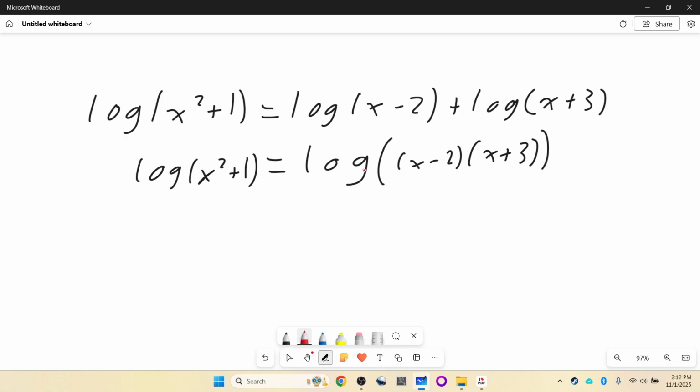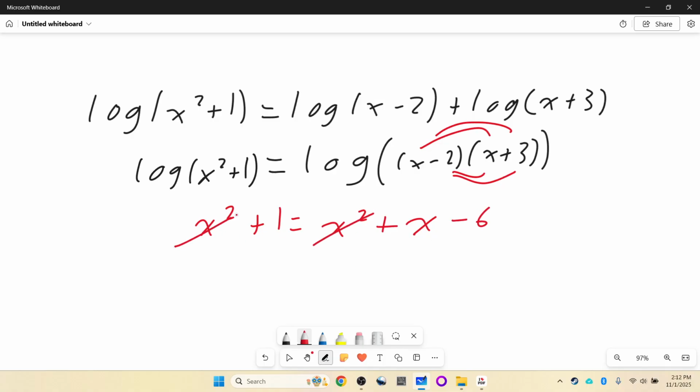Or you can imagine they're both powers of 10, but I'll explain that in a minute. So we get x squared plus 1 equals, let's expand this out, x squared plus 3x minus 2x, so plus x minus 6. Subtract from both sides, we get x equals 7.